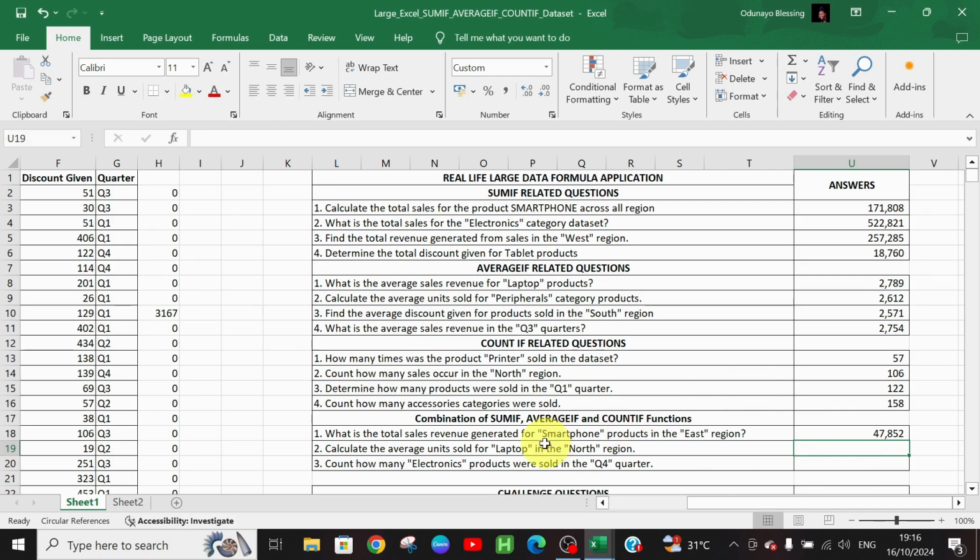Now the same thing applies for the AVERAGEIF. For the AVERAGEIF, we're also going to use another column to get these 2 conditions to be true.